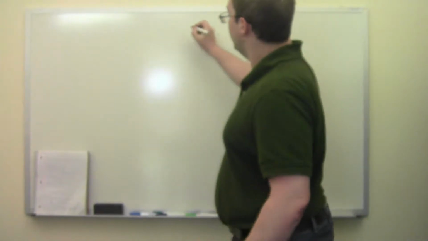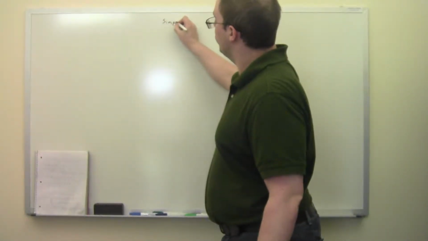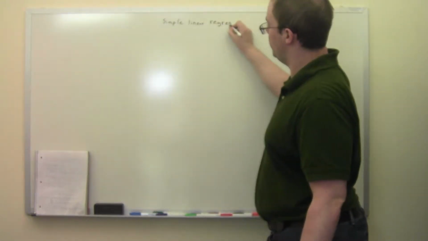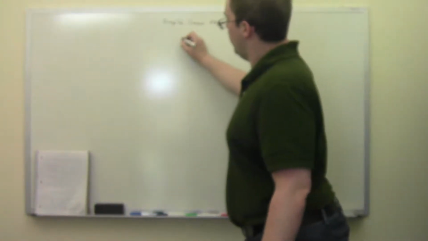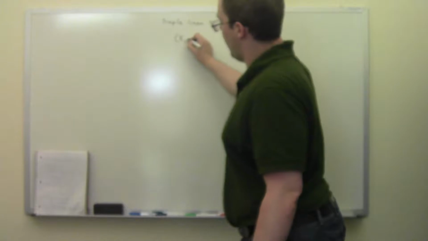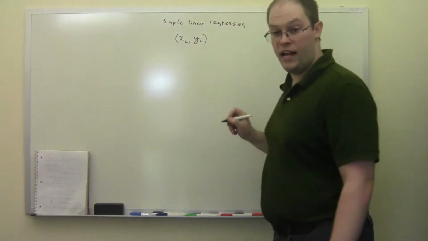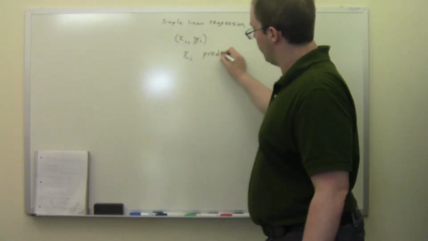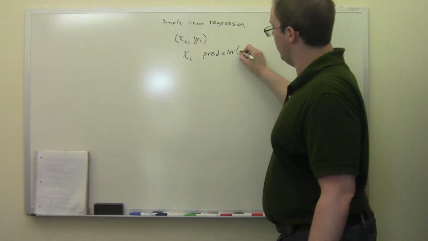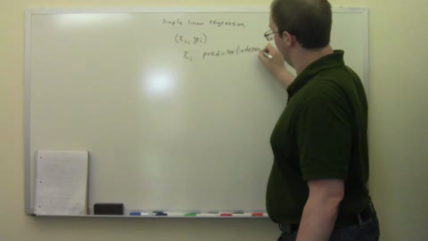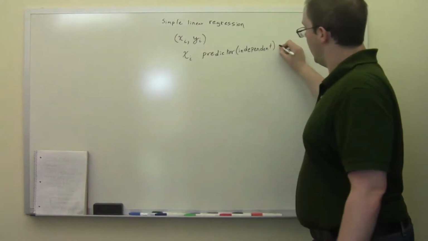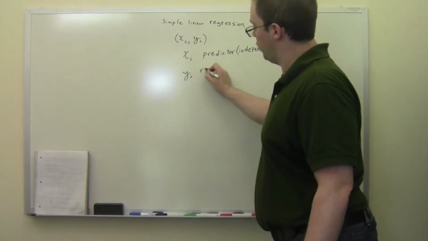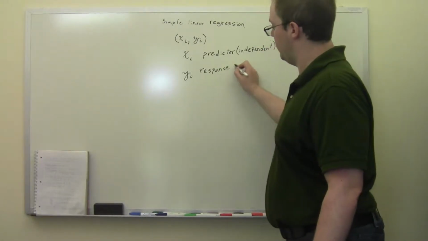So, simple linear regression involves pairs of observations, and we have pairs of observations xi, yi, where xi is my predictor or independent variable, and my yi is my response or dependent variable.